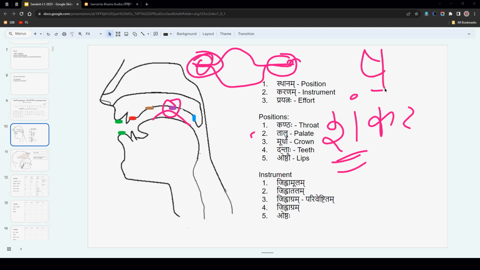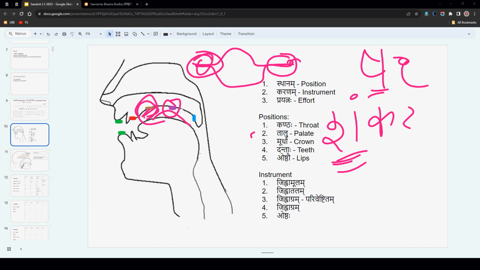Then there is sha, the Shanmukha sha. This one is murdha, which is here, like ta, tha, da, dha, na, or even ra. In that similar place we have this sha. Again pariveshtita, rolled tongue, touching here.